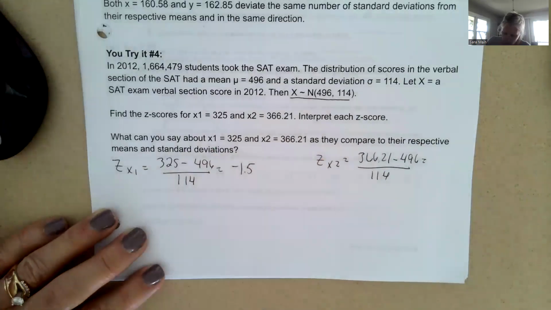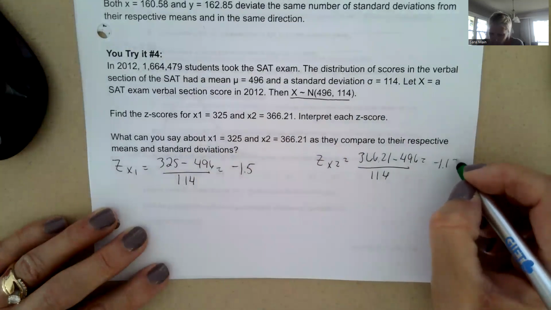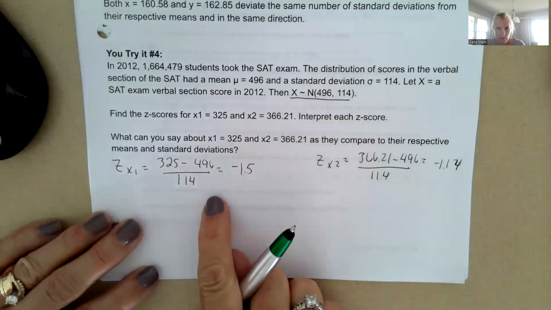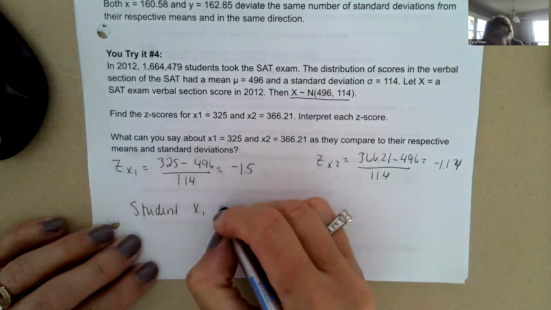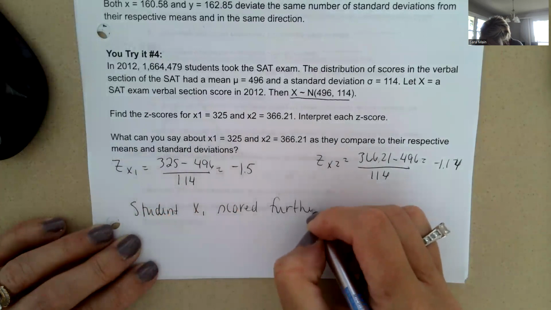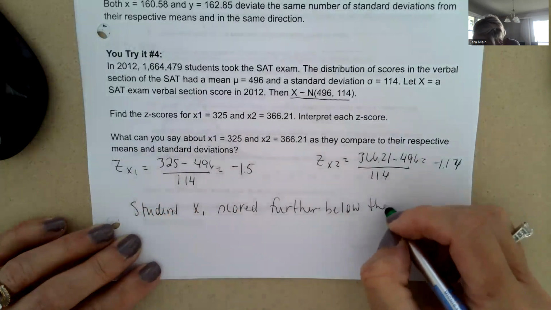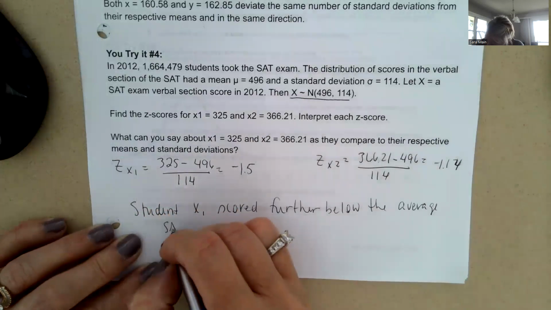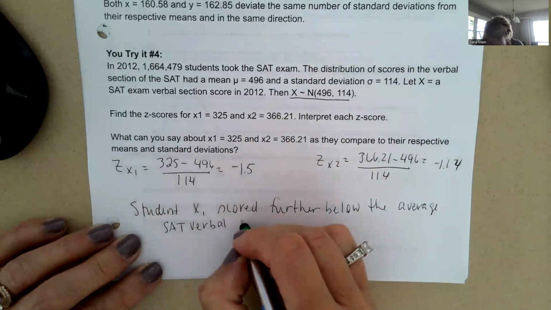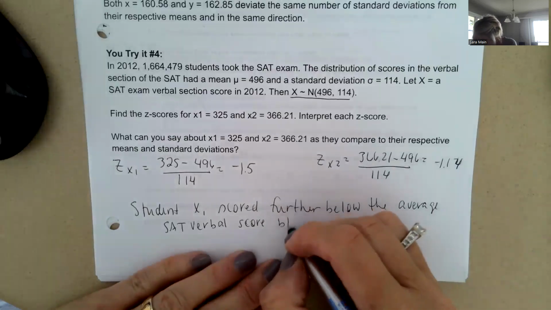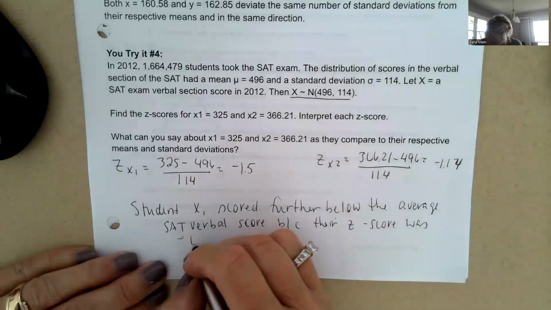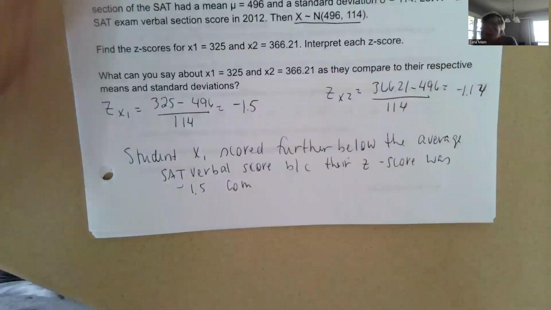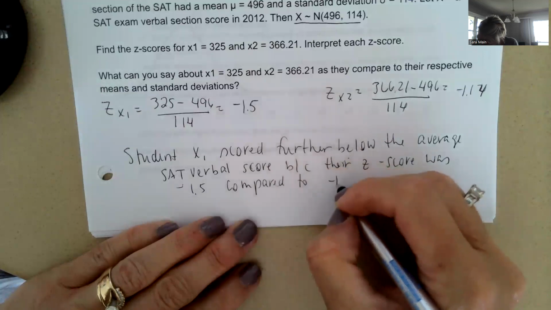Student X1 scored further below the average SAT verbal score, because their z-score was a negative 1.5 compared to a negative 1.14.